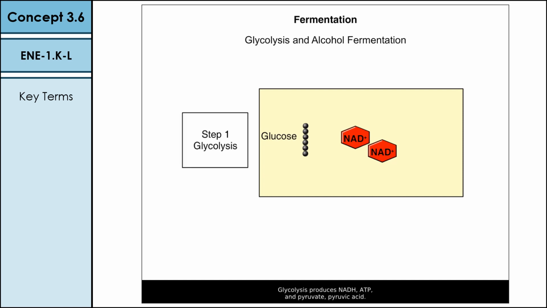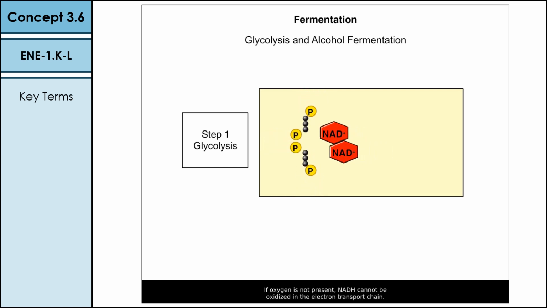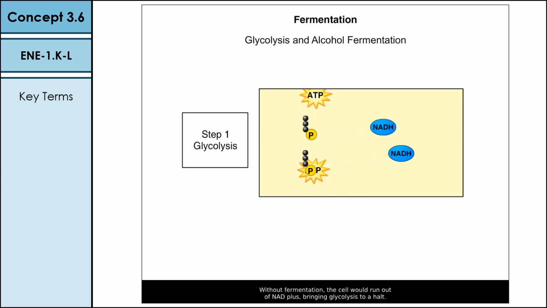Glycolysis produces NADH, ATP, and pyruvic acid. If oxygen is not present, NADH cannot be oxidized in the electron transport chain. Without fermentation, the cell would run out of NAD+, bringing glycolysis to a halt.